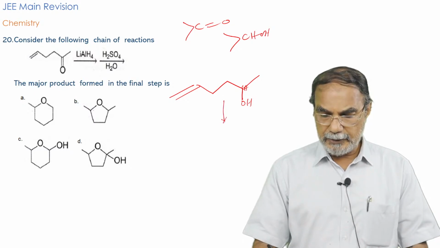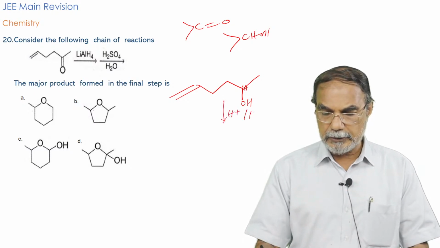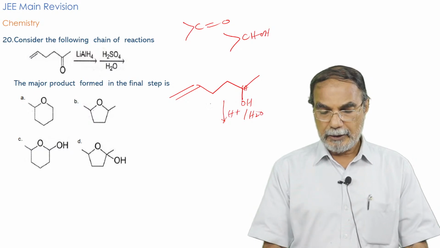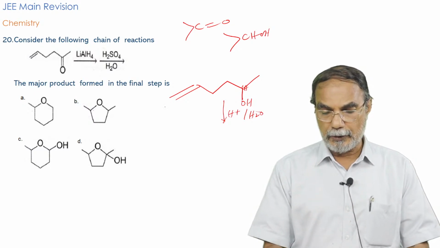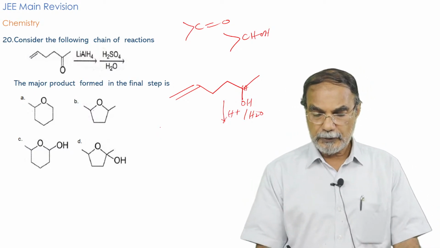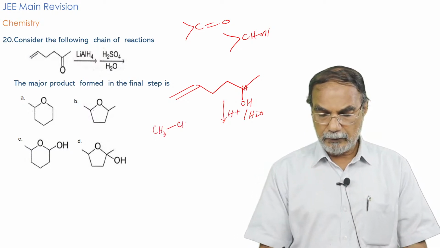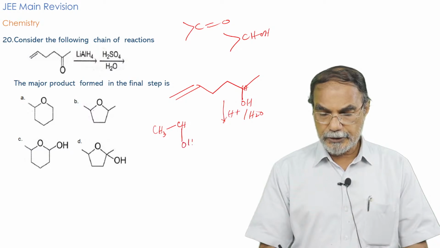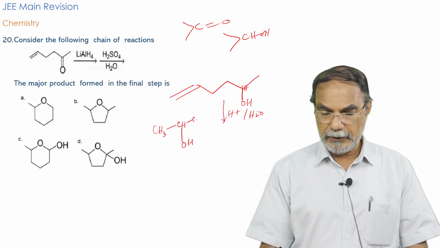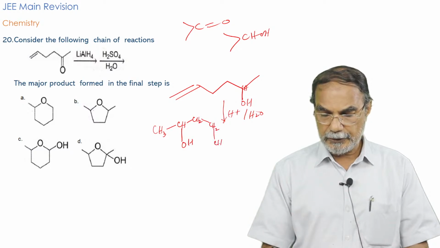And the next reaction with the sulfuric acid is acid catalyzed hydration. Hydration will take place here at the double bond. Acid catalyzed hydration at the double bond. And here you have CH3, and here you have CH, OH, and then you have CH2 here, and then CH2 there, and then you have CH, OH, CH3.